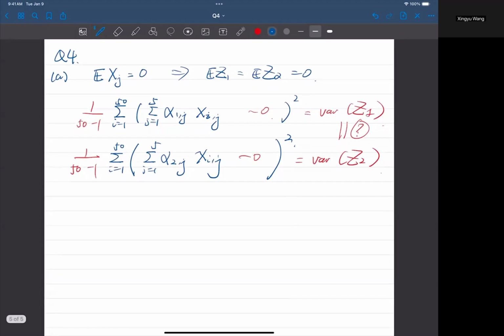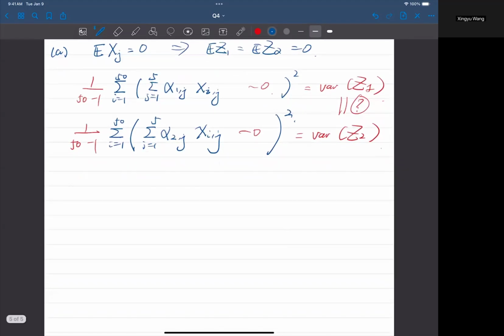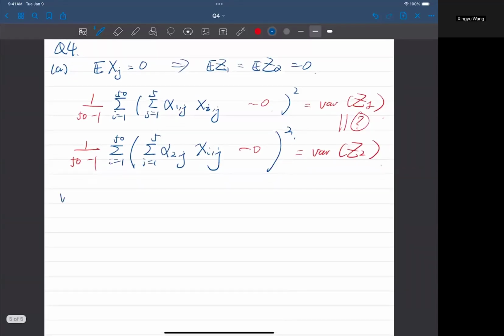The calculation of variance for both terms is similar, so let's take a look at z1 first. The point here is you need to remember that we also need to take into account the covariance term.